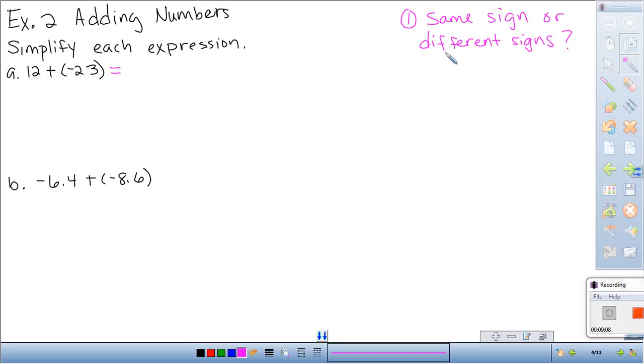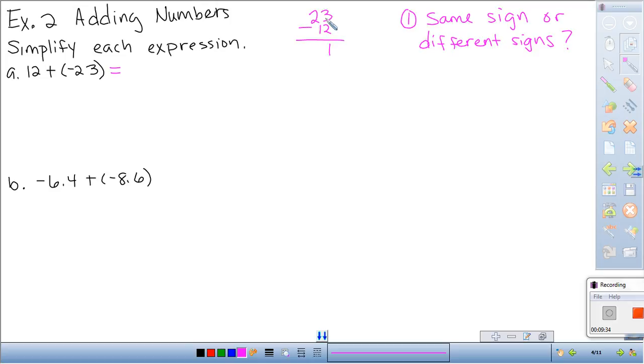So they have different signs in this case. When they have different signs, you have to find the difference, or subtract. So I subtract the "larger" number minus the smaller number. Now, it's in quotes because negative 23 is not actually larger than 12, but if we ignore the negative, it is. So we do 23 minus 12.